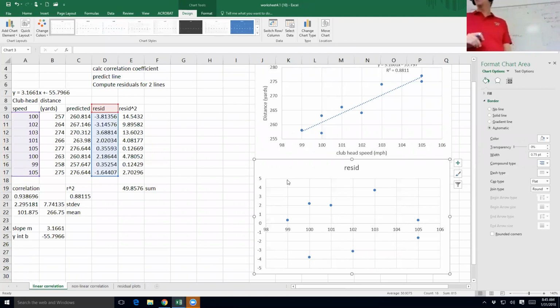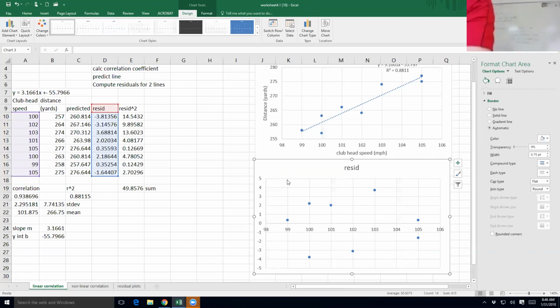If you see a pattern, that indicates the error is not normally distributed, and therefore linear regression should, I'm going to say, be reconsidered for some other method.